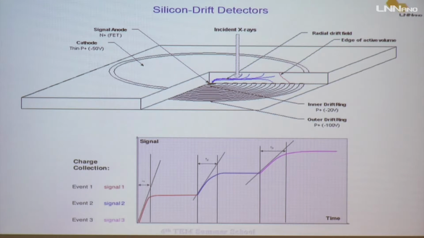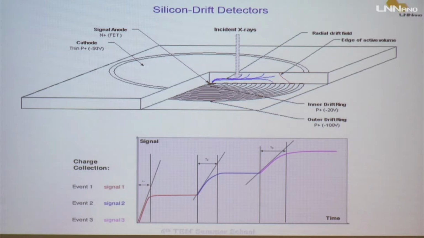Now I have not a cylinder where one photon arrives here and is measured there, but a small plate where many photons come, and all the electrons being generated are directed to the center of the detector, okay?